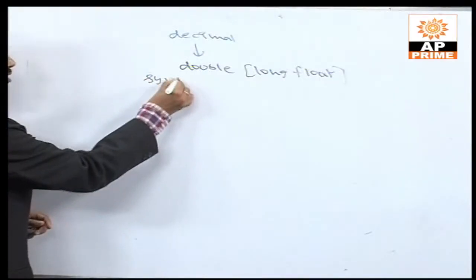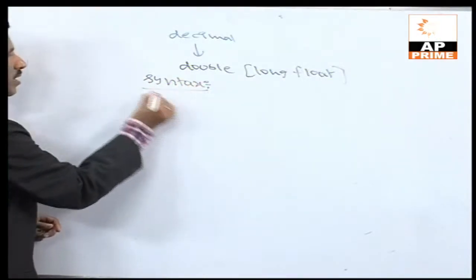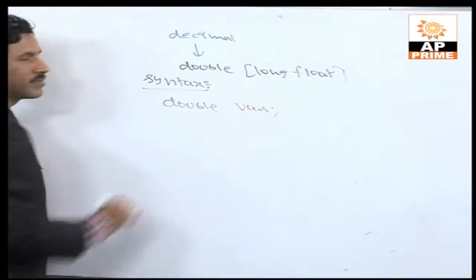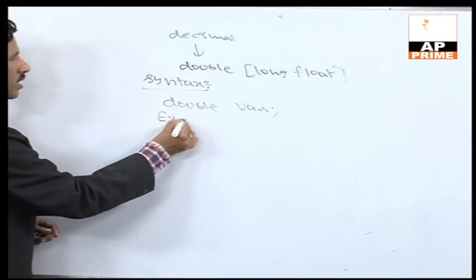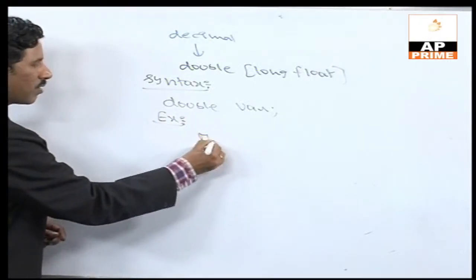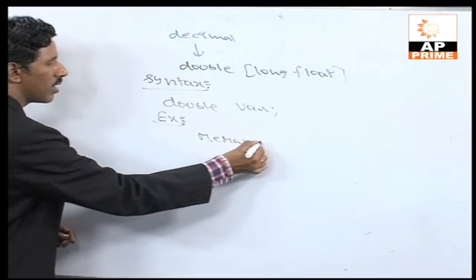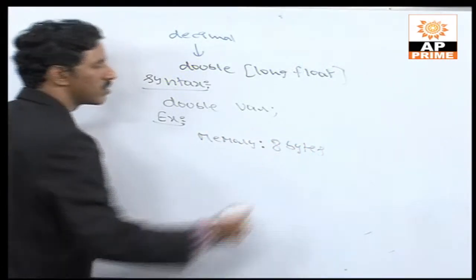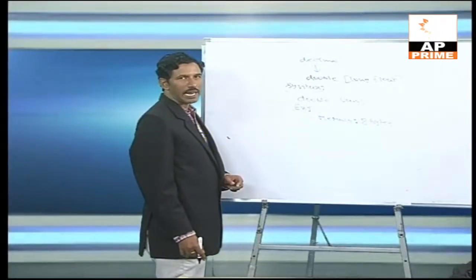What is the syntax of double? Double, then a variable. Whenever I mention double, what is the memory occupation? Double data type memory is 8 bytes.